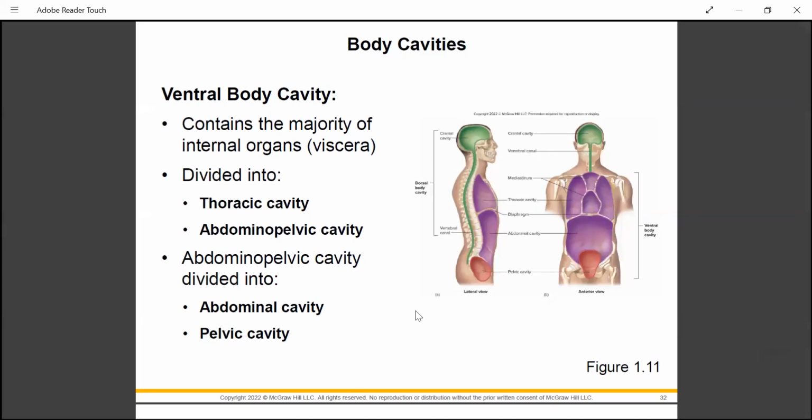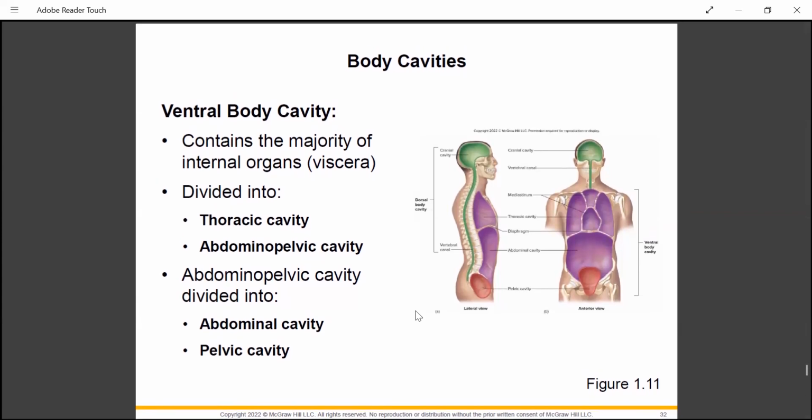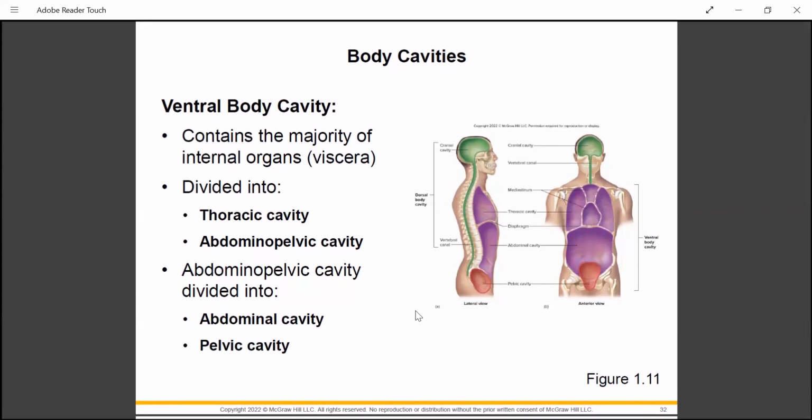You'll see that term come into play in the next couple slides. We divide this one a little more than the dorsal cavity. We break it down into the thoracic cavity and the abdominopelvic cavity. The dividing line between them is our diaphragm, which is our breathing muscle.